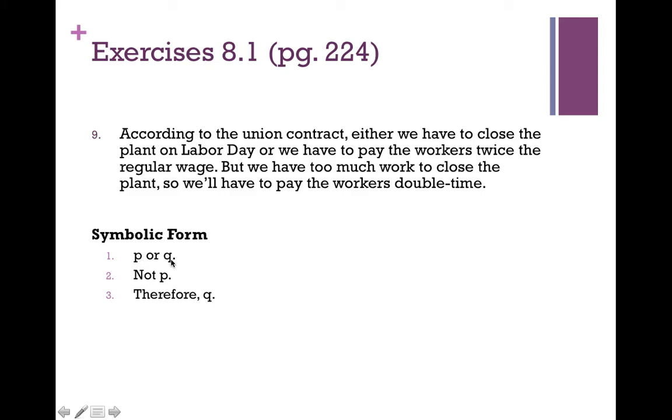Q represents we have to pay the workers twice as much. Now, it never says outright not Q, but I think that is clearly implied by this sentence right here. We have too much work to close the plant. So basically it's saying we can't close the plant, or in other words, not P, therefore Q. And so this argument is also valid.